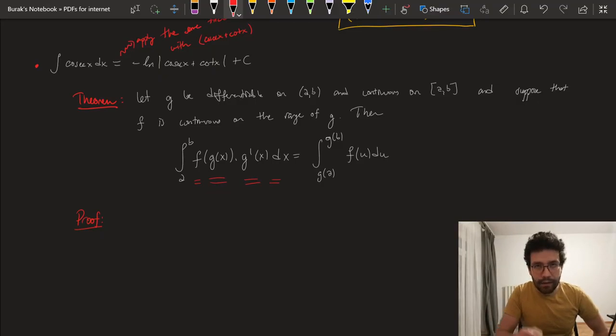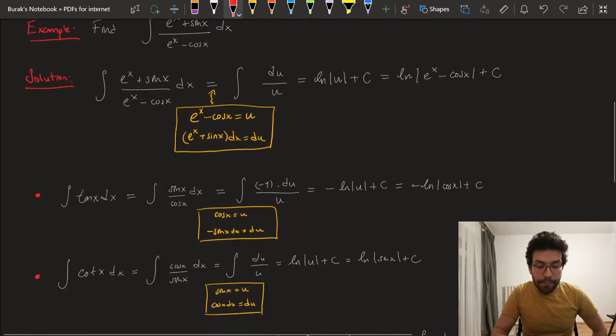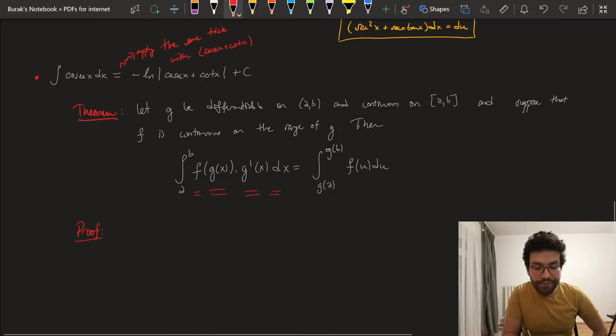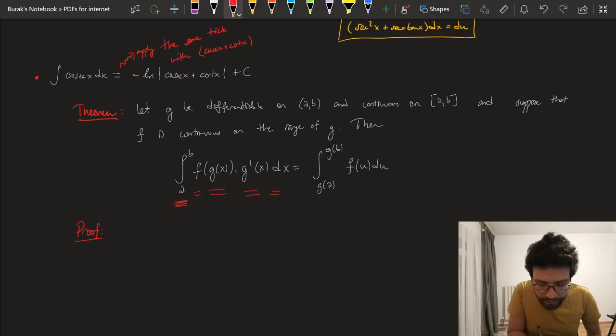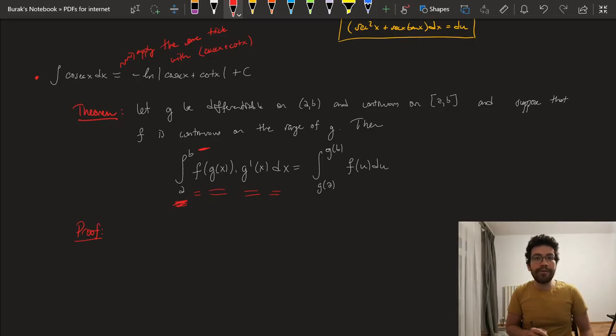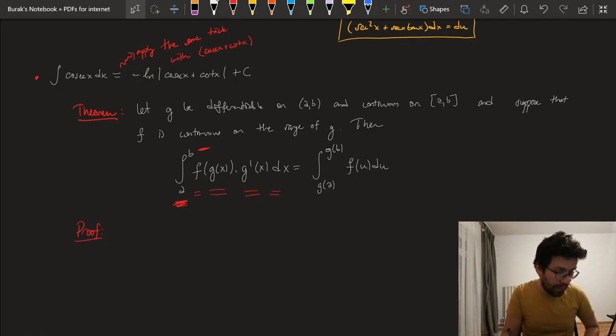In this case, what you can do, just like before, is call g of x u and replace g prime of x dx by du, but you have to be careful. This is a definite integral. The upper and lower limits of this definite integral will also change accordingly. They will change to g of a and g of b. Now, why?